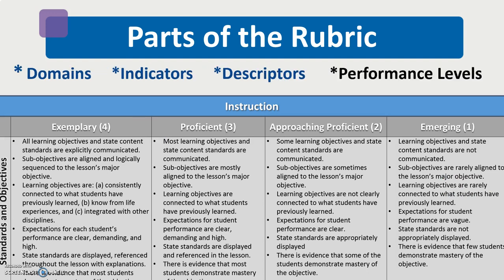And then for the descriptors, they're divided according to performance levels. So we have 4 different performance levels for each indicator. We have emerging, approaching proficient, proficient, and exemplary. And we'll talk about this a lot when we do the full rubric training, but it's going to be very rare that our students will receive an exemplary.